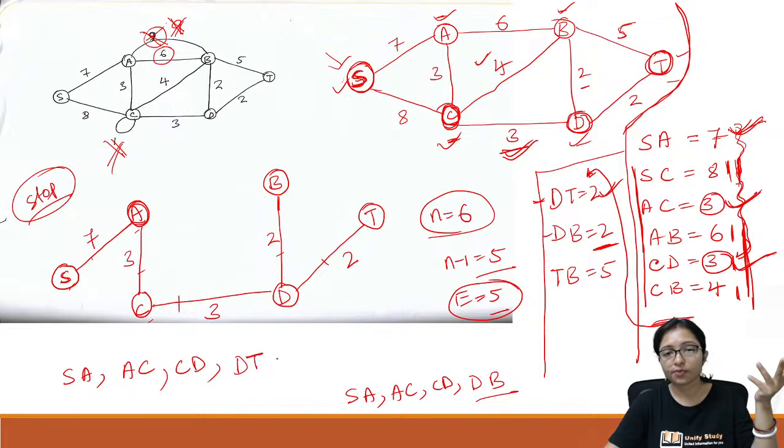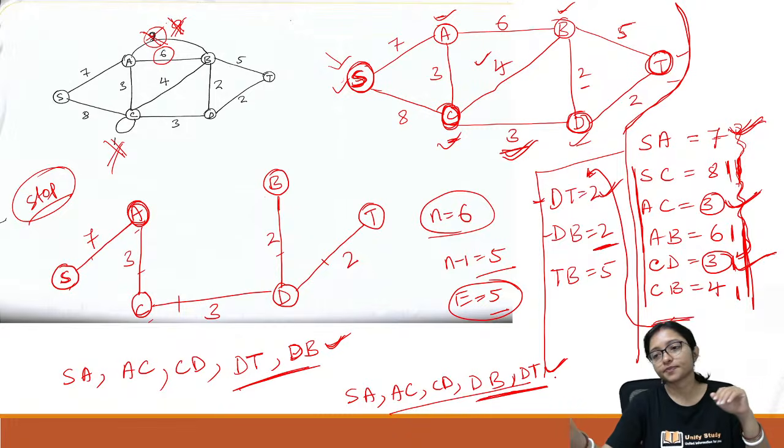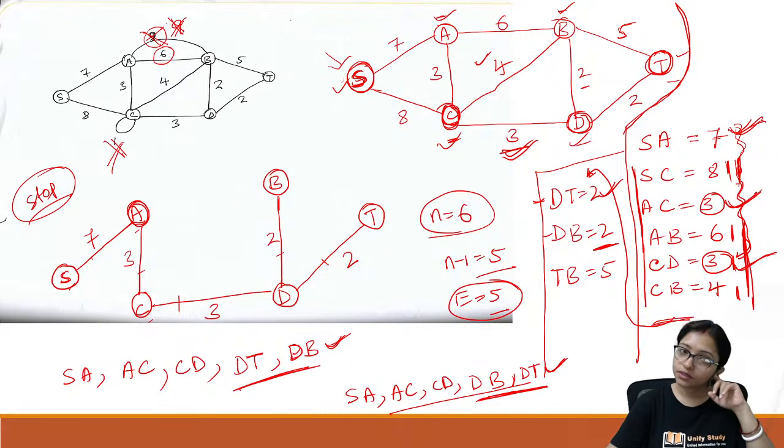Here you can write DT after that DB, or otherwise DB after that DT. This sequence is also correct. There can be two sequences: here DT DB, here DB DT. Got it? Is this clear? When to stop, how to draw.